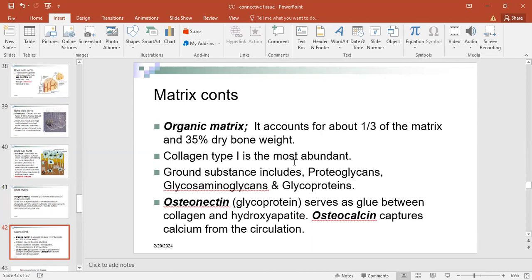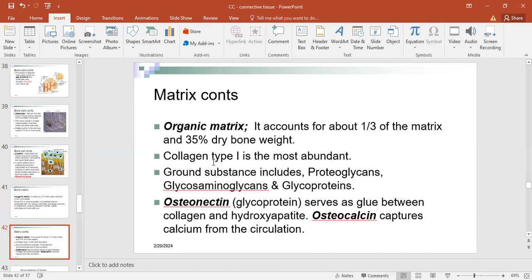These organic substances are where you find the fibers that we talked about found in connective tissue. So we have collagen type 1. Collagen type 1 is a very strong type of fiber, okay?